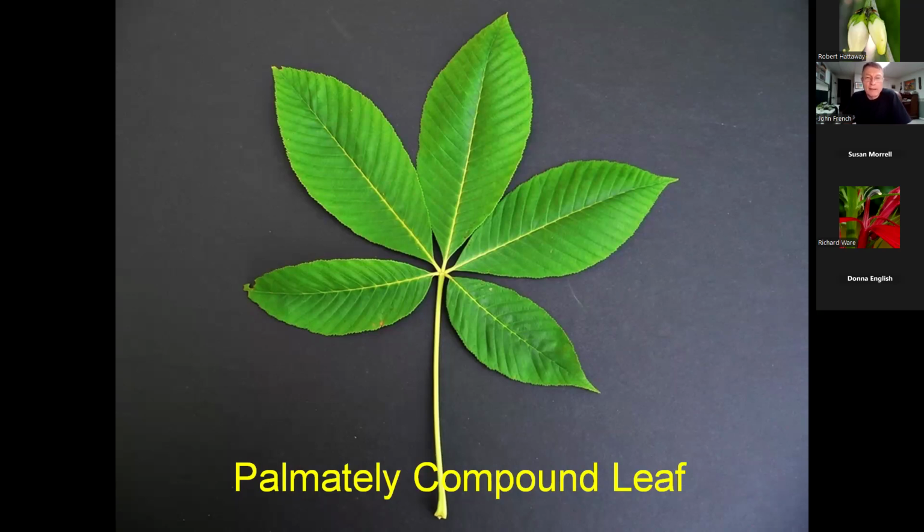You have to break the testa, which is the outer hull of the seed itself. And that does two things. That assists with imbibition during the stratification period. Imbibition is important. In other words, it has to soak up water. Very often, that testa will not permit water absorption very well.